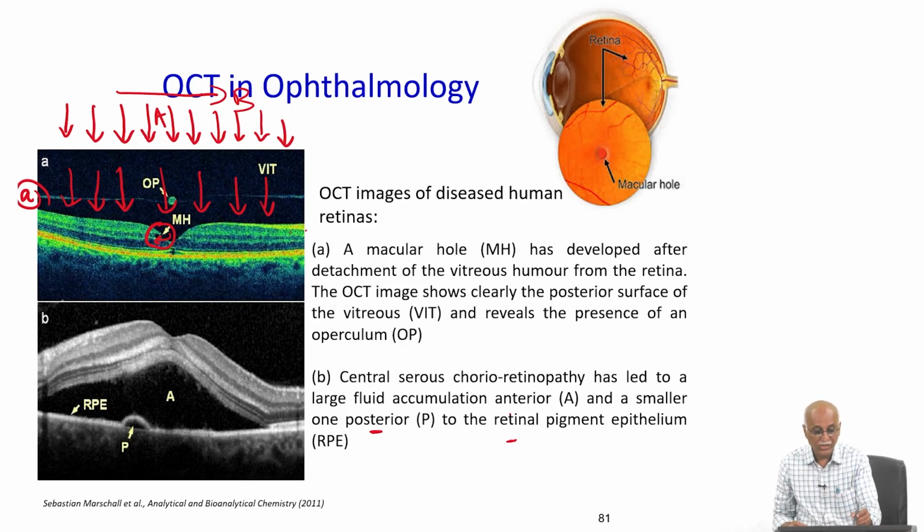And if there is any defect in terms of macular hole, some small defect, we can easily capture. If there is, let us say, some fluid accumulation beneath this retinal surface, this information can be captured. So, some small hole can easily be captured.